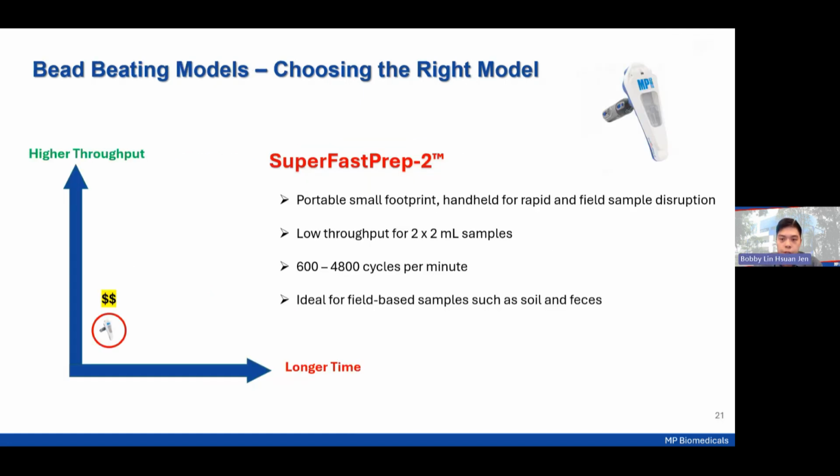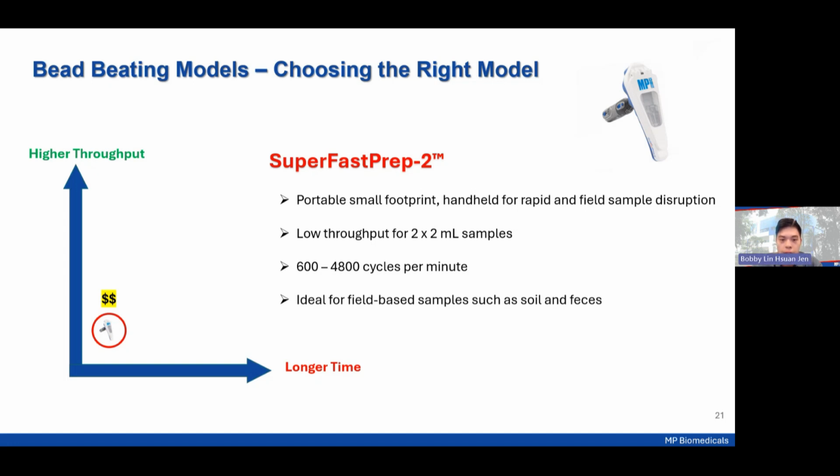So how do we actually choose the right model if we are looking at the bead-beating method? Here are some of the different models that we have, starting with a portable and handheld sample disruption method, which is using the SuperFastPrep 2.